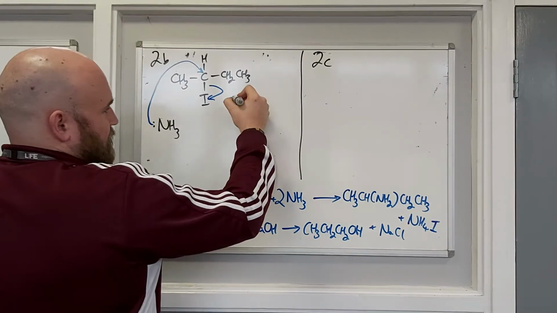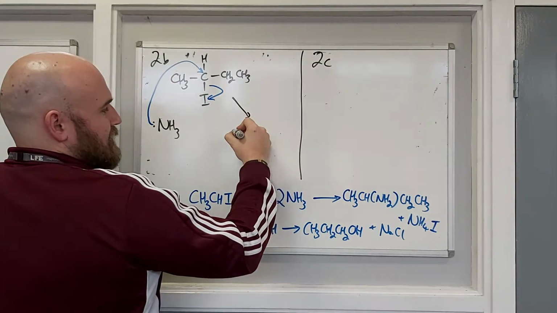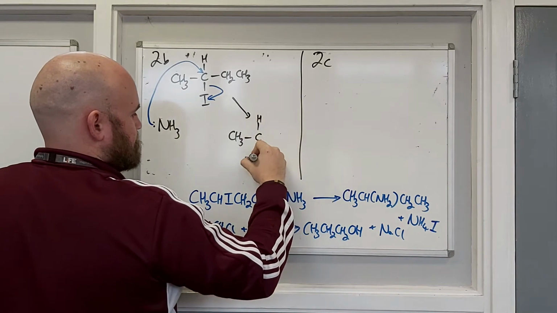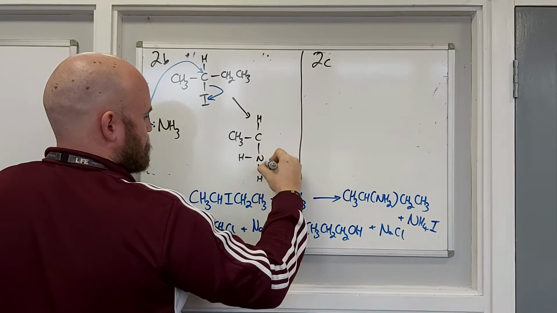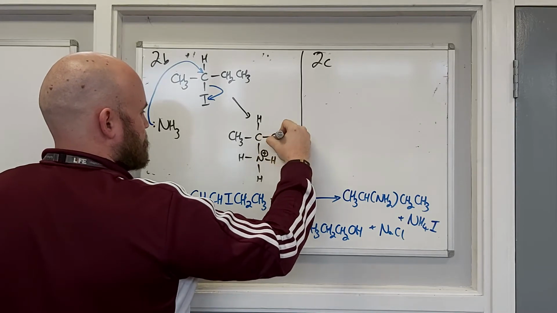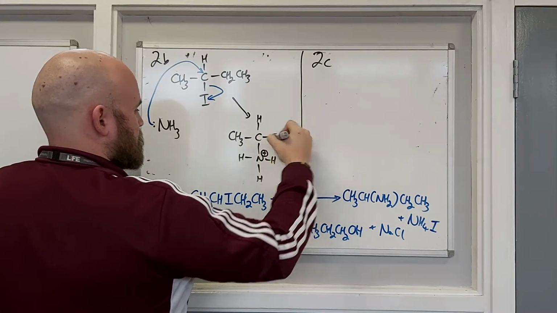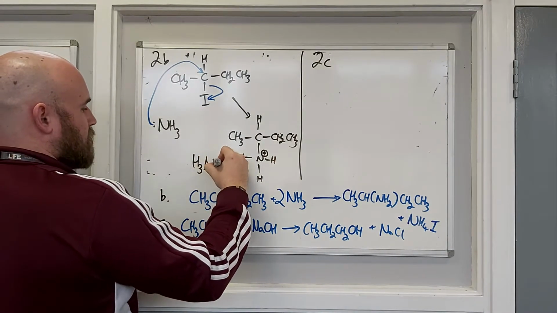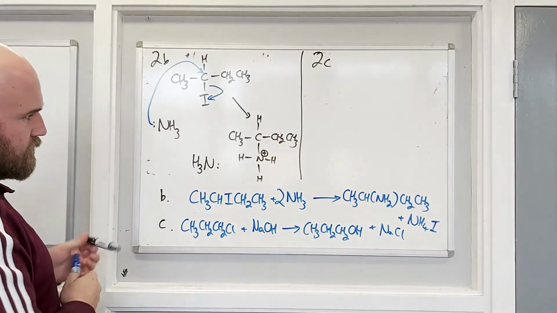And then you end up with this ammonium ion intermediate. And here you do need the charge, positive. And then you'll need the second molecule of ammonia. I'm going to draw this one out the other way around to show you the opposite way.